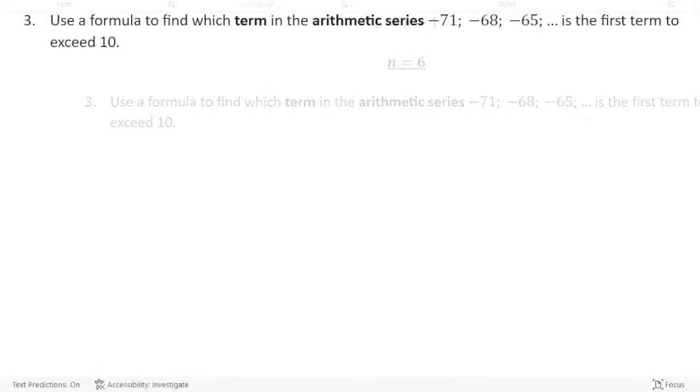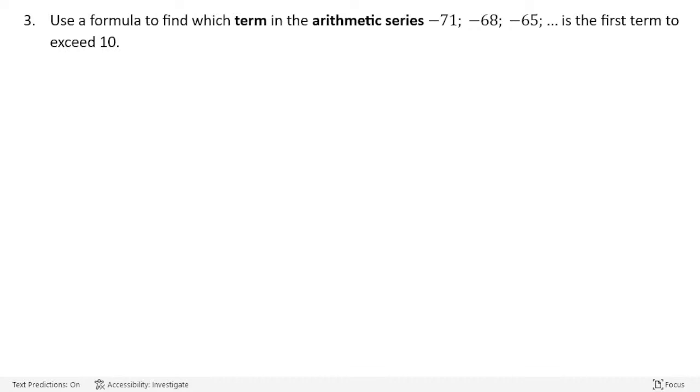I hope you can see clearly now. So my screen was not clear. Use a formula to find which term in the arithmetic sequence negative 71, negative 68, negative 65 is the first term to exceed.